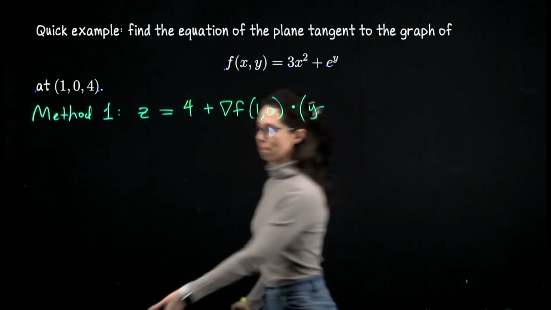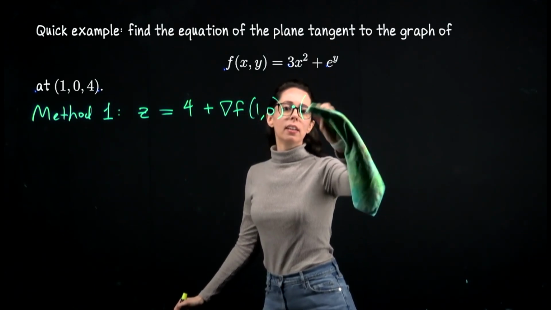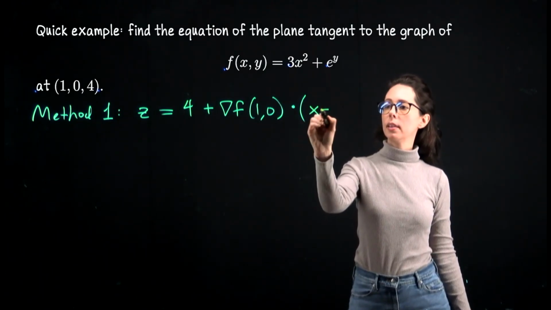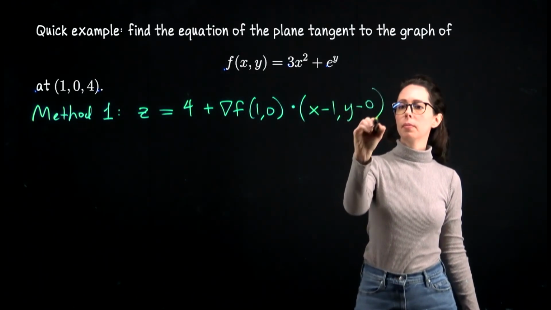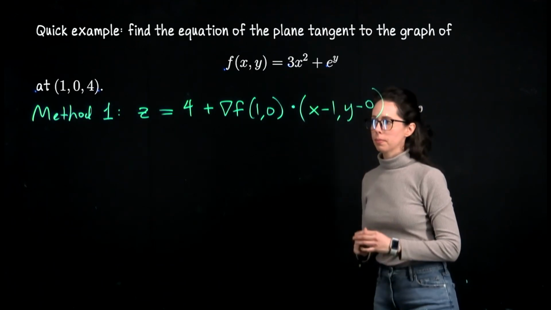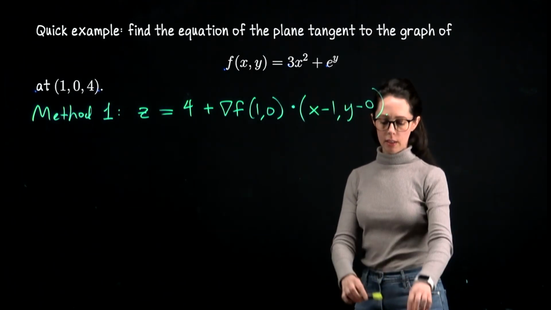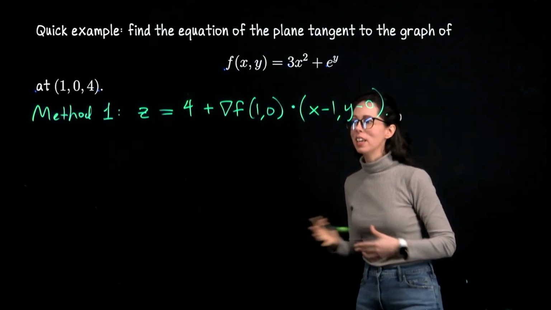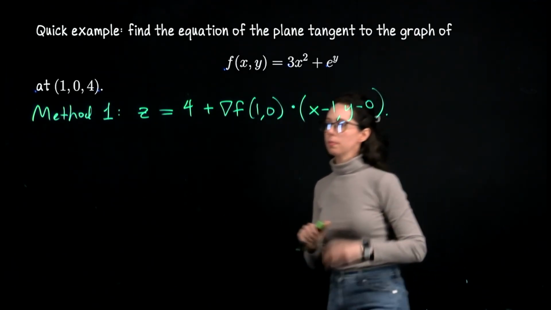Oh, sorry. And if I were actually solving this problem, this is what I would do. There's no reason not to do this. But just for educational purposes, let's do the new approach.